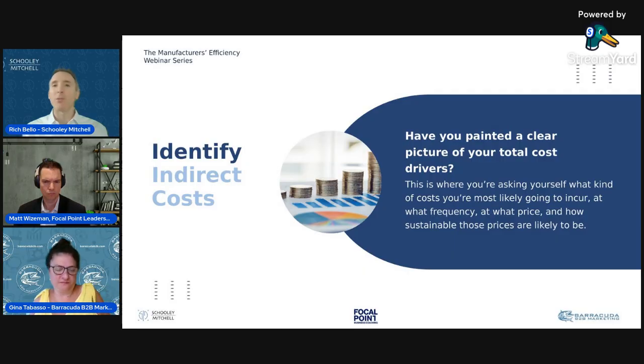So, for instance, if you have a busy season and your machines are running more frequently, or you have more employees on the floor during that time period, you're probably going to be going through supplies more frequently. So knowing that and how it relates to your purchasing on the supplies end is important for your whole, what we call, cost procurement planning.